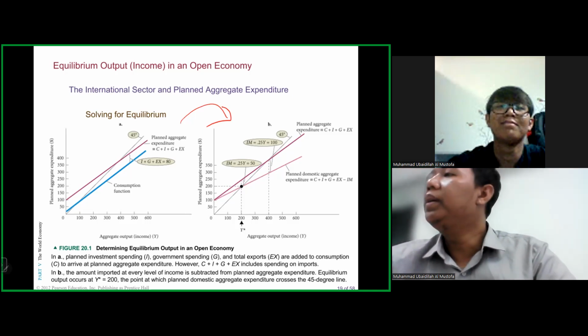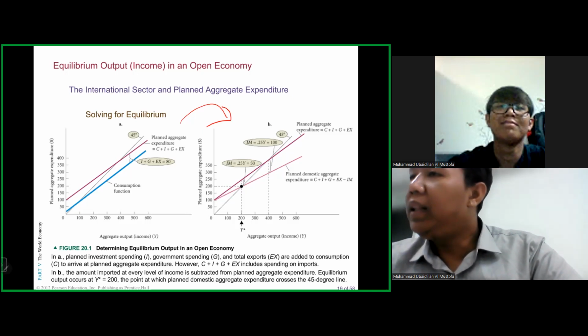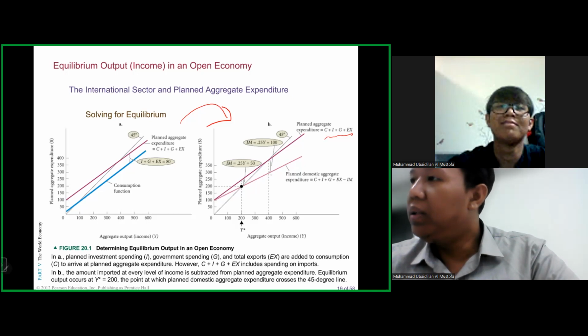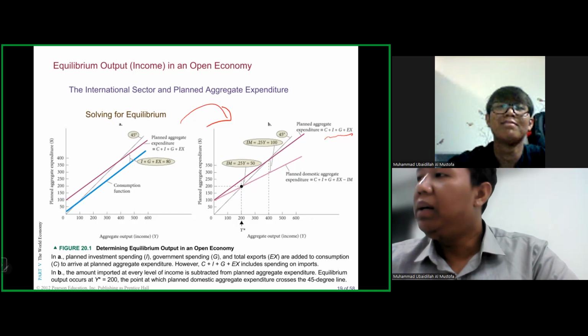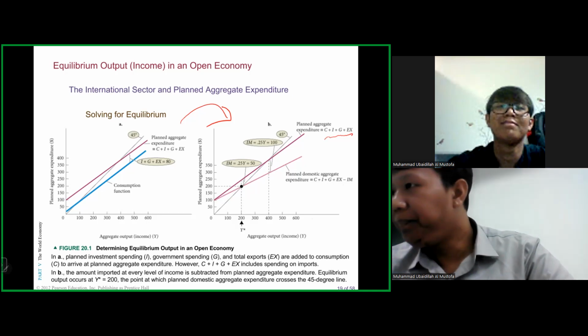Oh yeah, okay. So the red line above here is the planned aggregate expenditure that was only made up of consumption plus investment plus government plus export, while the red line below is the planned domestic aggregate expenditure, when they have consumption plus investment plus government spending plus export minus import.